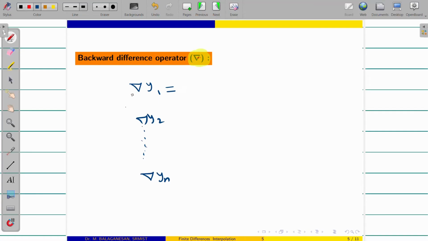If you want to find the first difference del y1, it will be that value minus the previous value, y1 minus y0. So it is the same as delta y0. Do not confuse both. This is delta y0, for the forward operator: y1, next value, minus that value. If you are in one position, another position is in front and another is at the back.